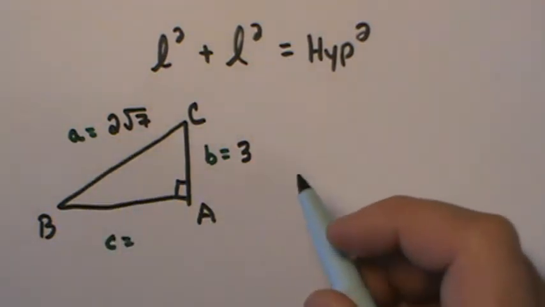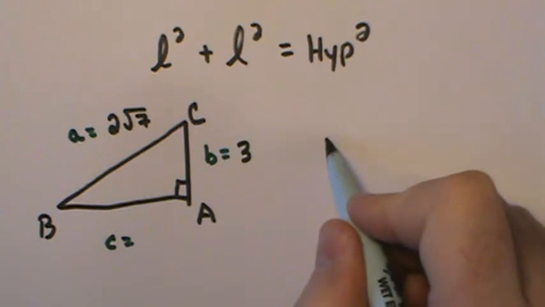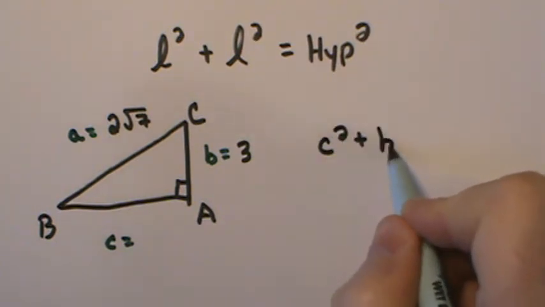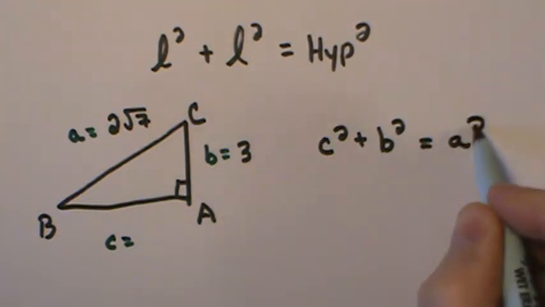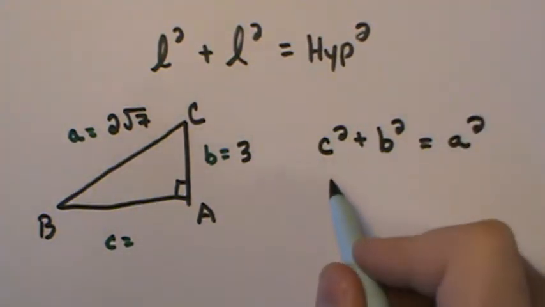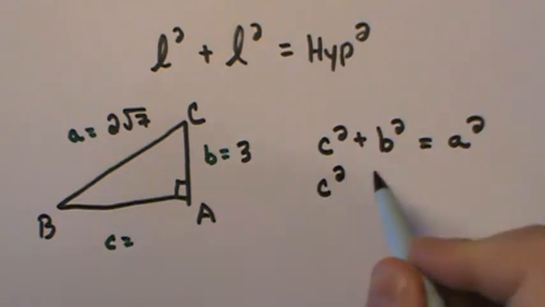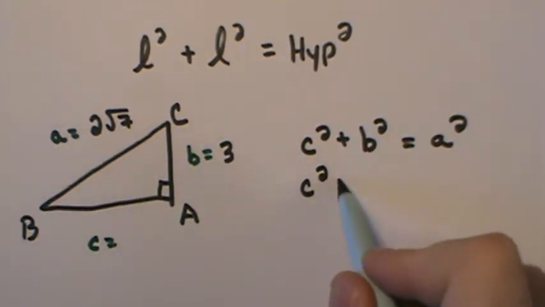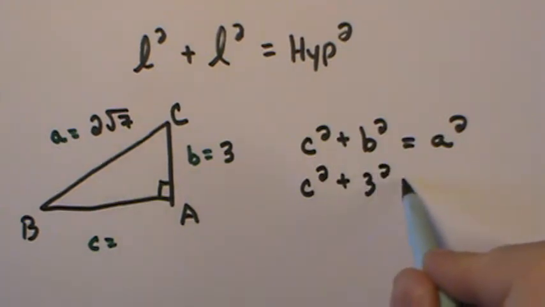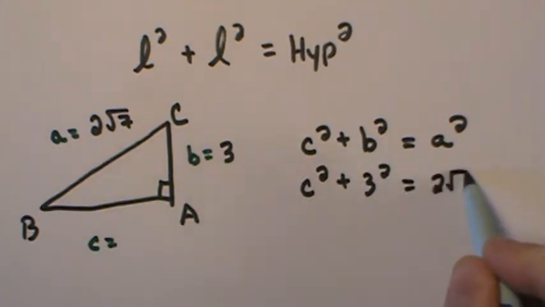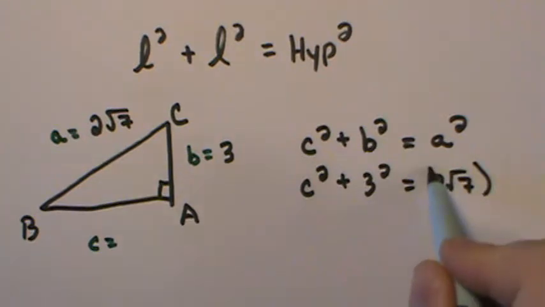And so for this example, I would say C squared plus B squared, that's my two legs, are equal to A squared. And then I throw the values in. I don't know C, so that'll be my variable. B was 3, so 3 squared. And A was 2 square root 7, that we want to square.